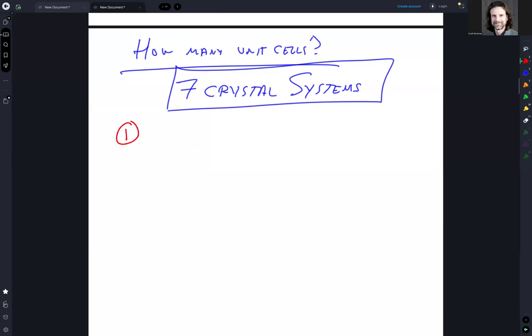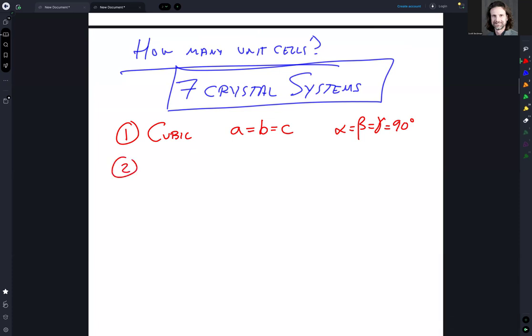One, we have a cubic system. In the cubic system, A is equal to B is equal to C, and alpha is equal to beta is equal to gamma is equal to 90 degrees. A cube. Great.